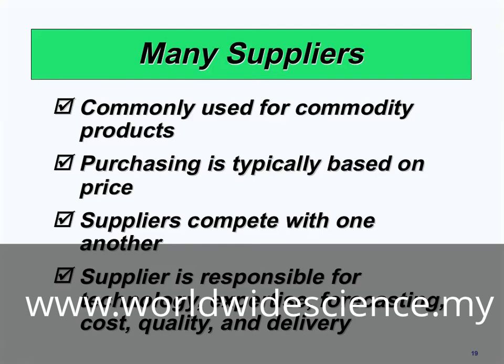In supply chain, the supplier is responsible for technology, expertise, forecasting, cost, quality, and delivery. These items should be considered by suppliers. If suppliers want to attract customers, they should concentrate on technology. It means they should offer the newest technology, and they should also have expertise in that technology or in producing the material.